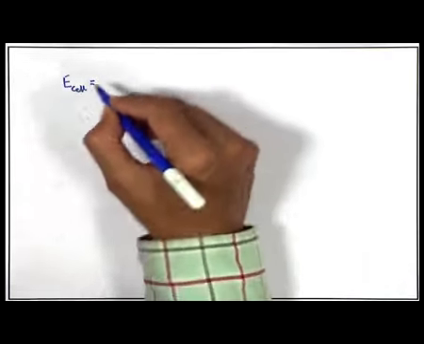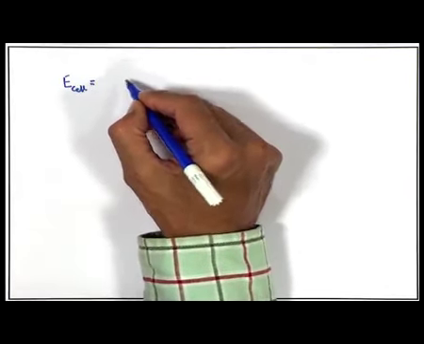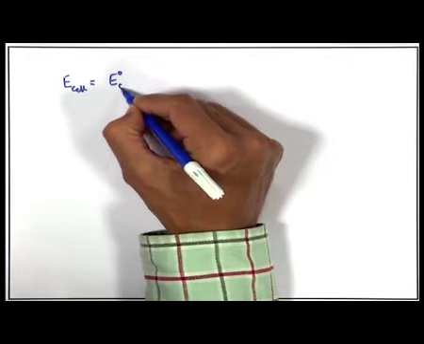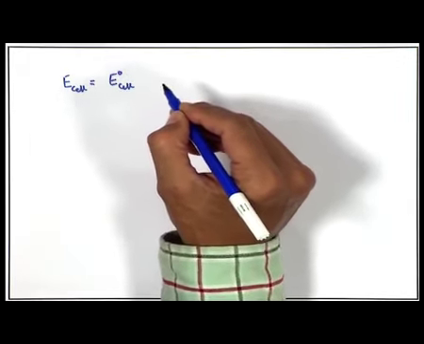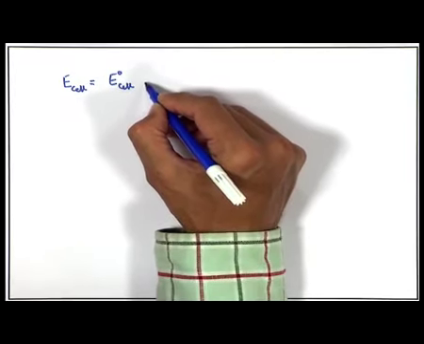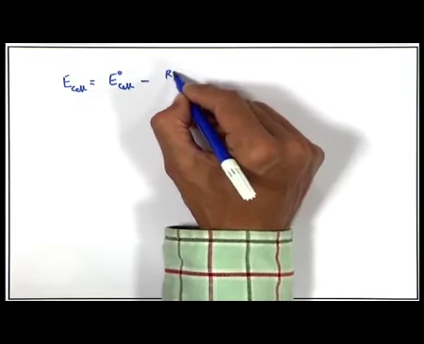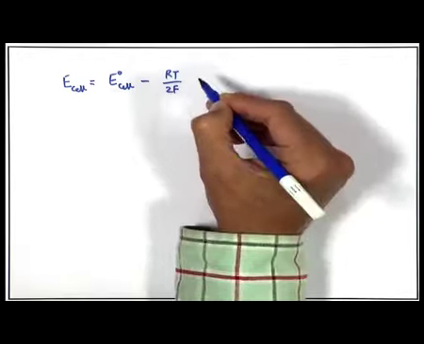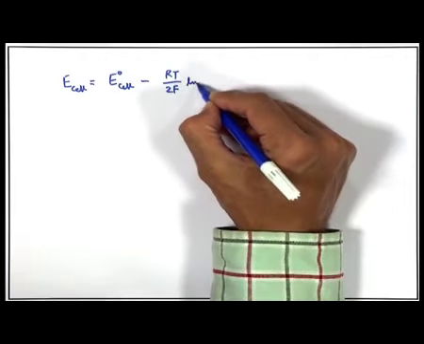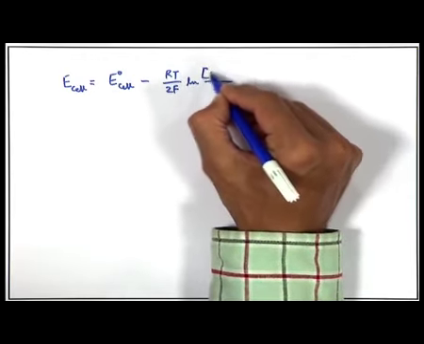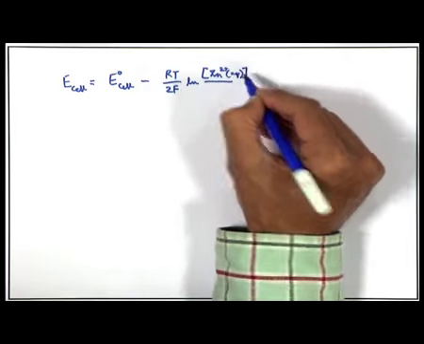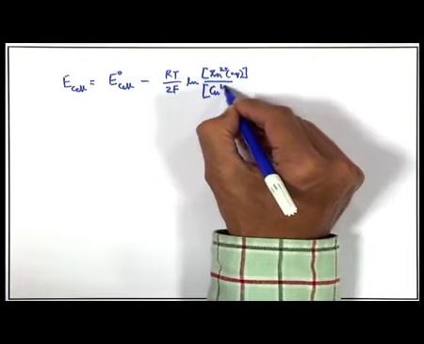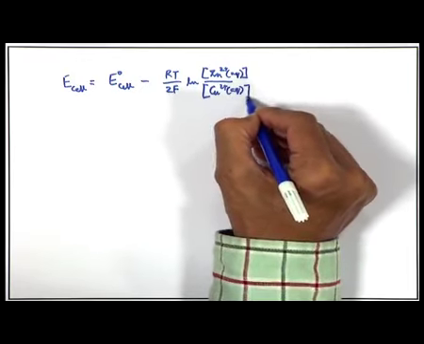The bracketed one will basically be E0 cell, because it is the difference in the standard electrode potentials. And then E cell is E0 cell minus RT by twice F ln zinc 2 plus aqueous by copper 2 plus aqueous.